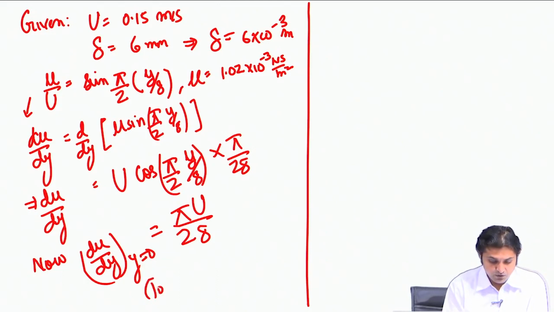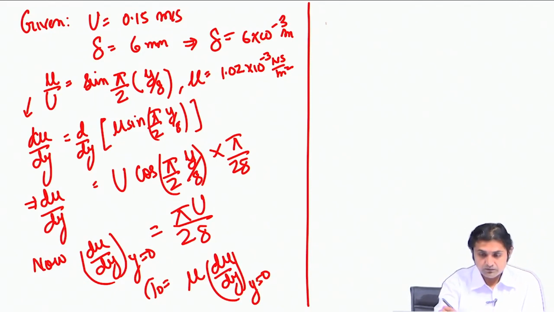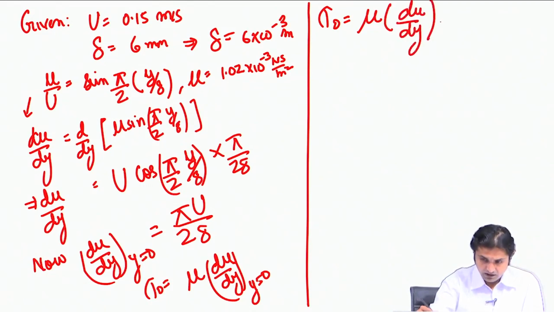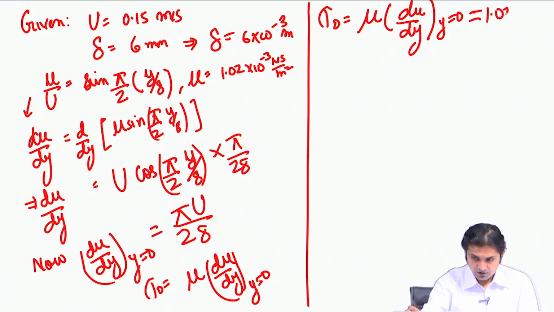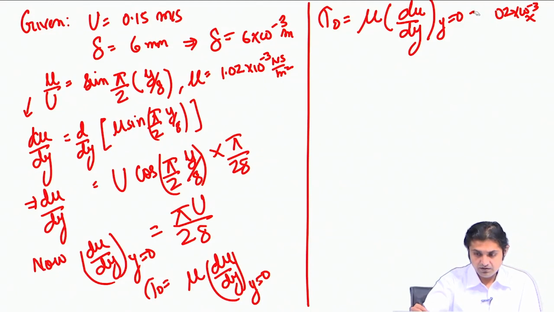And we know that tau naught is equal to mu du by dy at y is equal to 0.